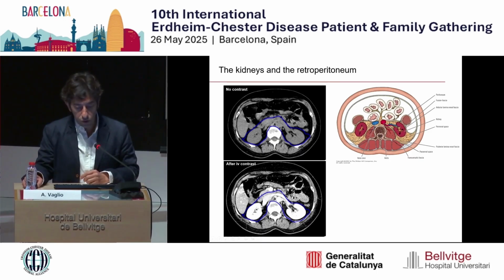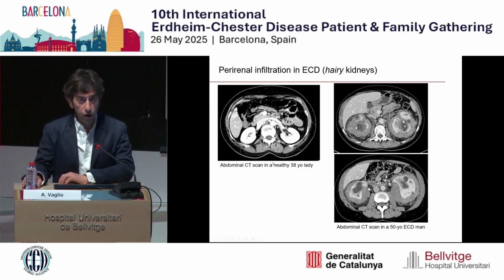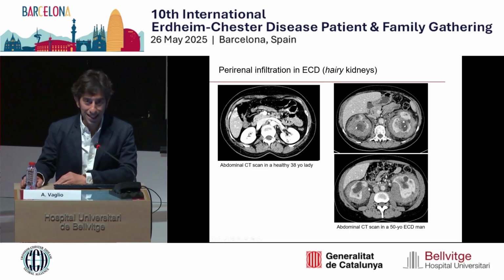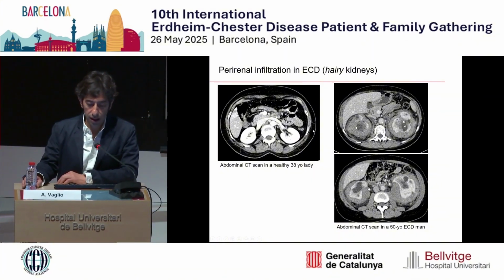There's no infiltration. Whereas if you look at a patient with ECD that has retroperitoneal disease and perirenal involvement, you can clearly see that there is an infiltration around these kidneys. Look at the normal kidney, look at this kidney. And you can also see that there is another important issue, that the structure of the kidney and the morphology and the texture, I would say, of the kidney is completely different.